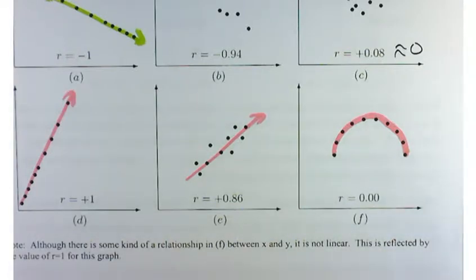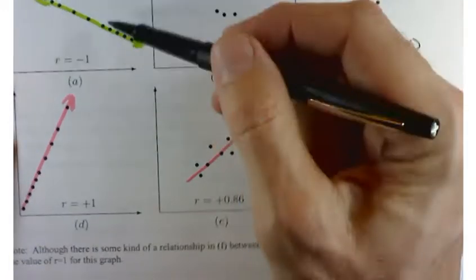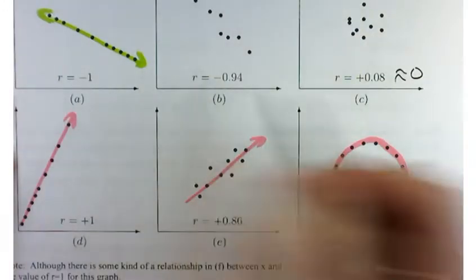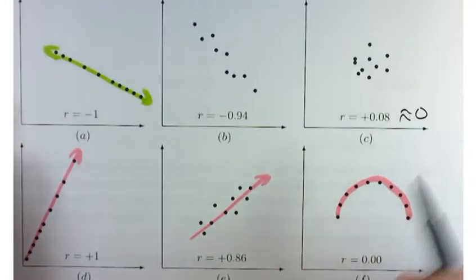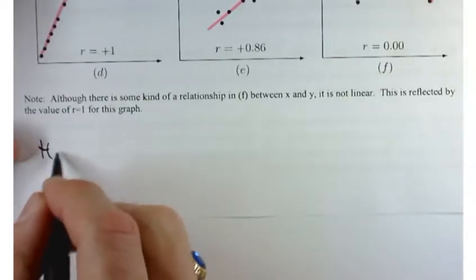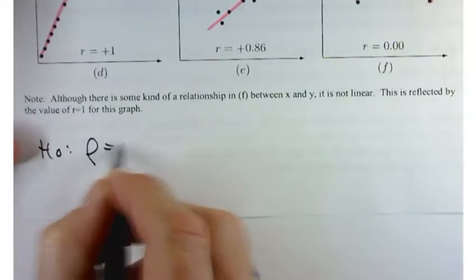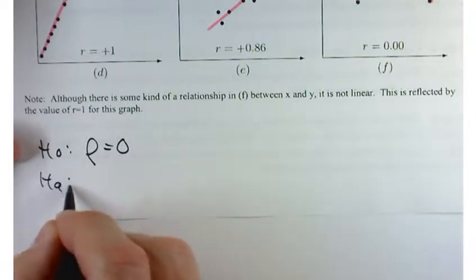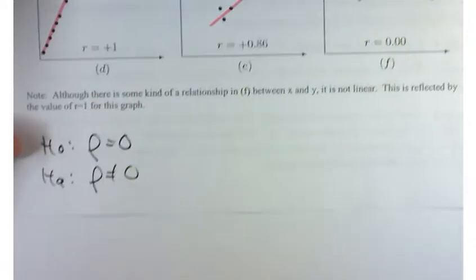Okay. So what we're going to test is whether or not our value of r represents something statistically significantly different than 0. So we're going to be doing hypothesis tests of rho equals 0 versus rho different than 0.